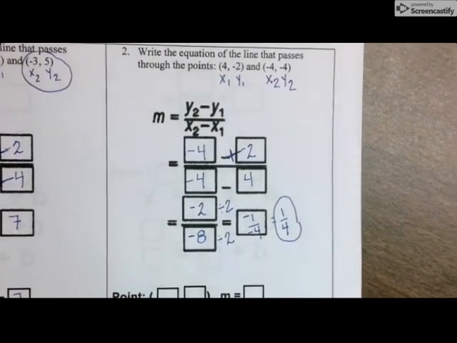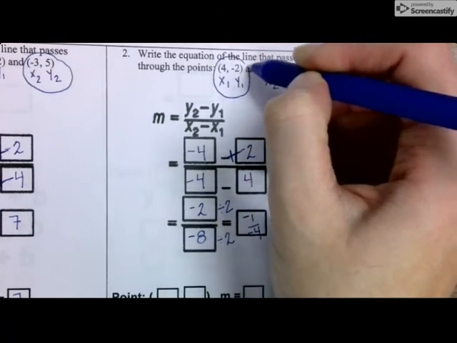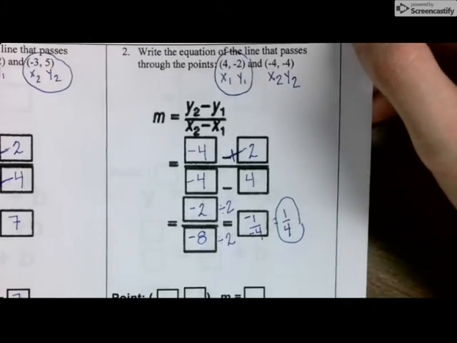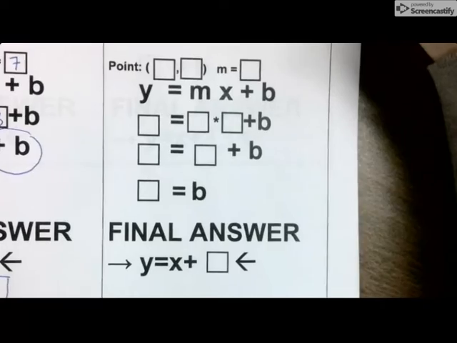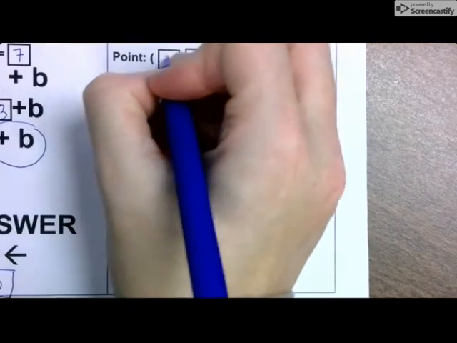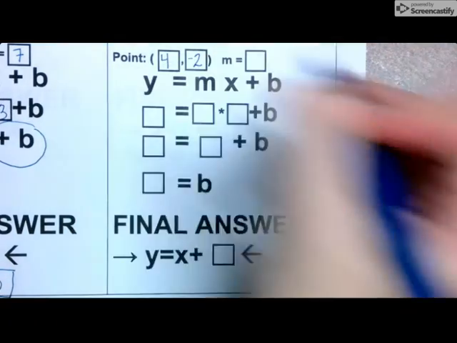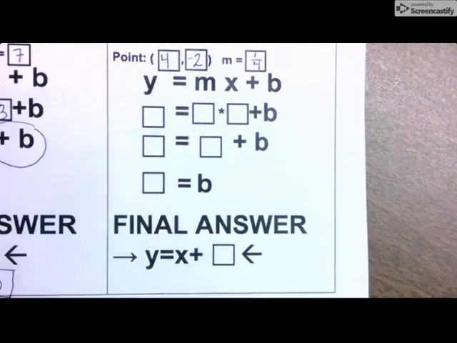All right? So let's pick a point. Again, I like to choose the one that has positive, so I'm going to choose the first one. If you choose the second one, you still should get the same answer. Okay? So let's plug in our stuff. So it says x comma y, so our point is 4, -2, that's the one that we chose, and our m is +1/4.